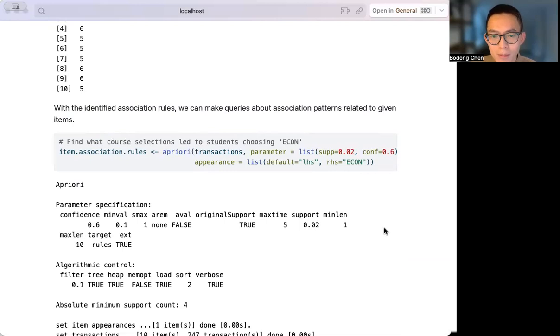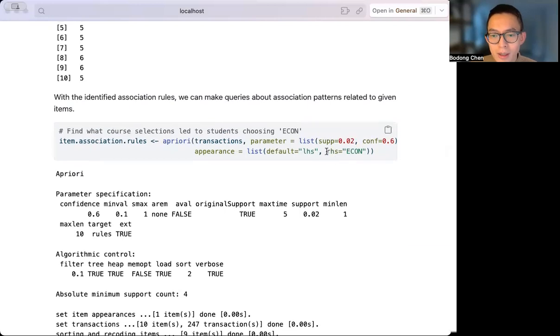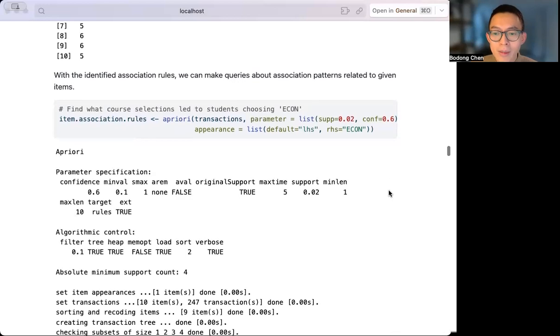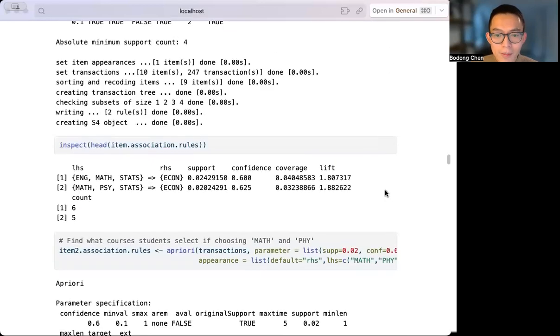For example, we tell the algorithm that we're interested in the course econ, right? We want to think about in which combinations of other courses the students are likely to select econ, using the same data set. And we get this short list of rules that is focused on econ, right?